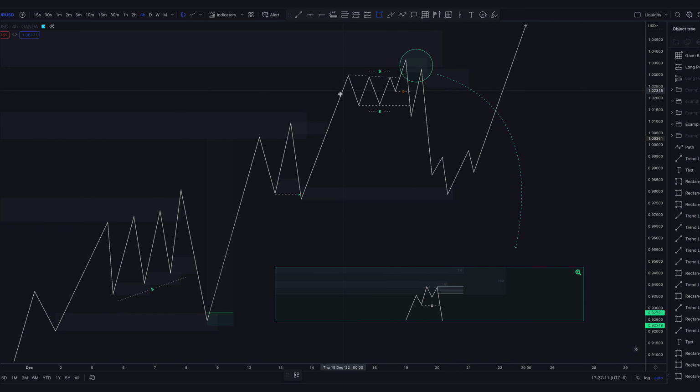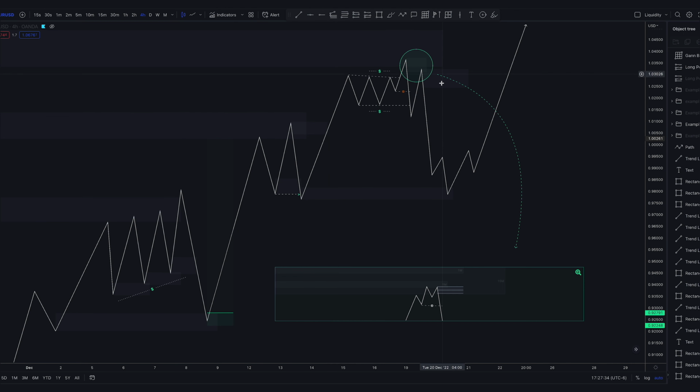It also depends if price came to mitigate something down here. So it's probably better, like I said in the beginning, if you're not sure, if you have any doubt, if price came here to mitigate something down here first, always go with the confirmation entry.